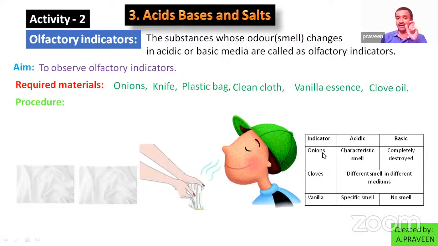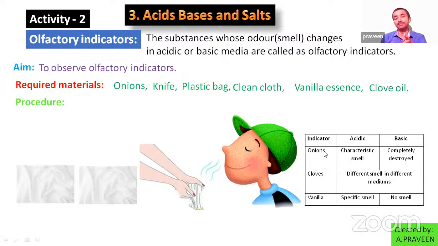Onion gives its characteristic smell in the acidic medium. The characteristic smell is the onion smell, with no change. But in the basic medium, it completely loses its characteristic smell; it vanishes, and the smell is completely destroyed. What about clove oil?